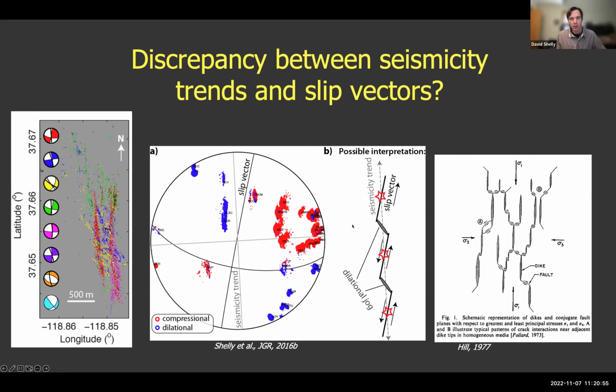That is, in this case, the slip vector is the orientation of the faulting, but the seismicity trend is the orientation that you would get if you connected these stars. So if you have these shear faults connected by these dilational jogs. And this is conceptually similar to this fracture mesh model that was proposed by Dave Hill back in the 70s.